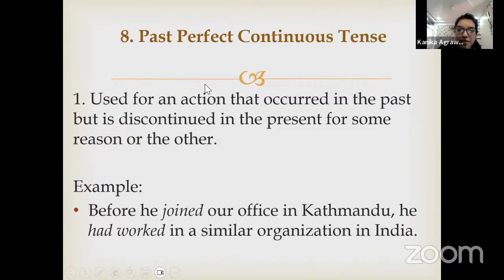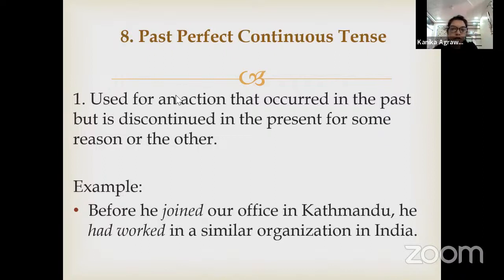Okay, so now past perfect continuous tense. It is used for an action that occurred in the past but is discontinued in the present for some reason or the other. In present perfect continuous, what did we do? It has a similar thing. It is used for an action which occurred in the past, but in present perfect continuous, it was still being continued.